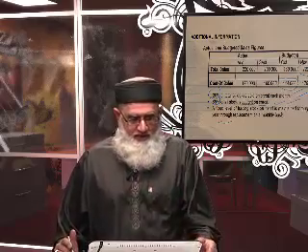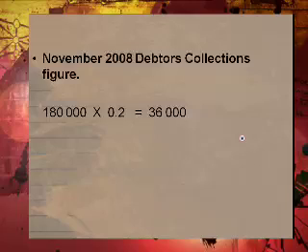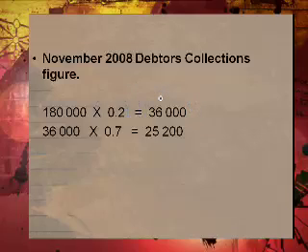That's right. Okay, so now, if I need to calculate my credit sales, I'll take the 180,000 times 20% to give me 36,000 Rand. Okay, now you take the 36,000 Rand and remember, how are my debtors paying me?